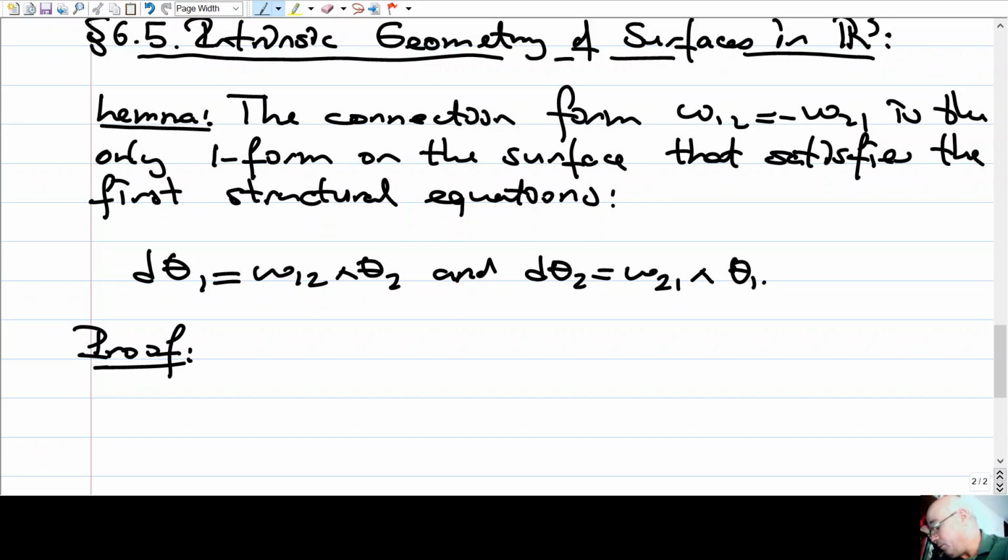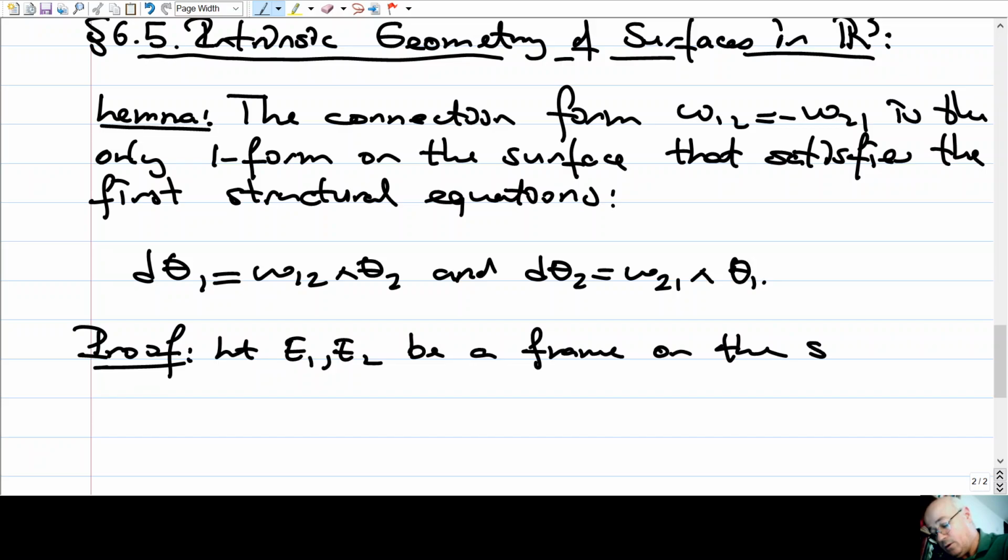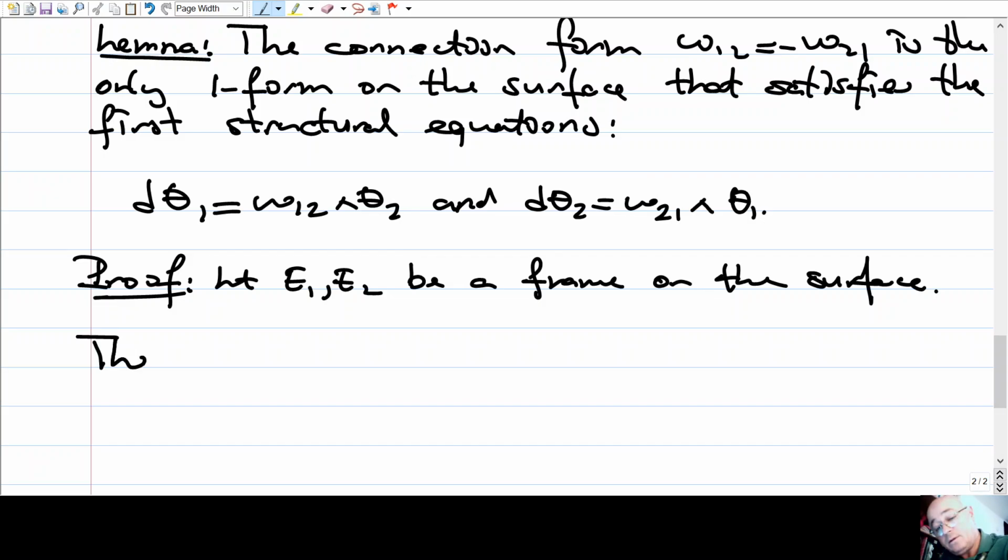Now let's compute d theta 1 and d theta 2 on two vectors in the frame. So let E1, E2 be a local frame on the surface. Then what is d theta 1 of E1, E2?